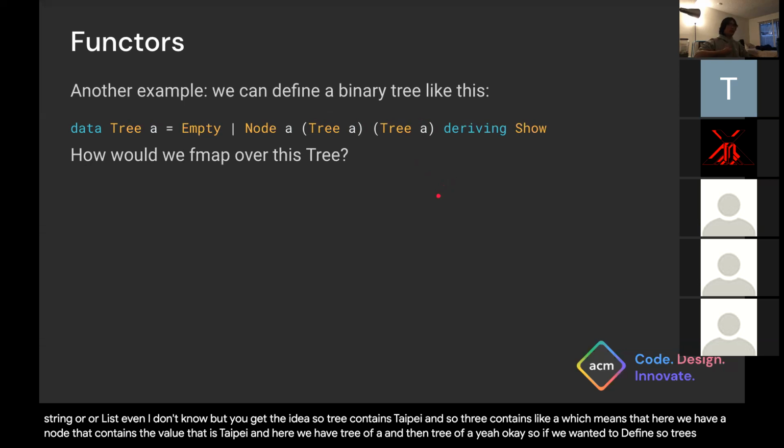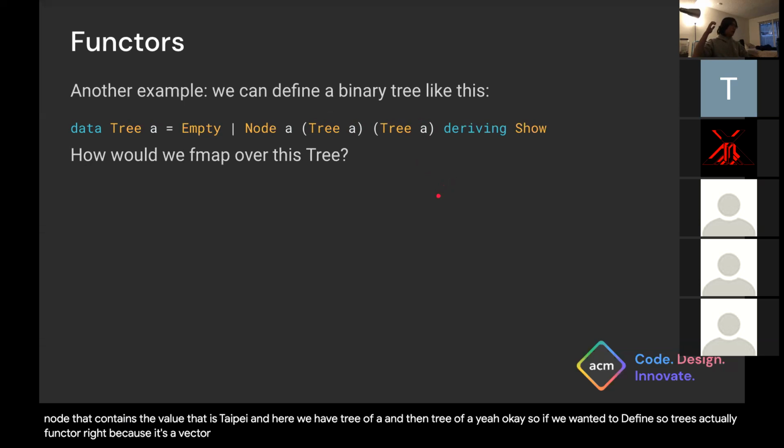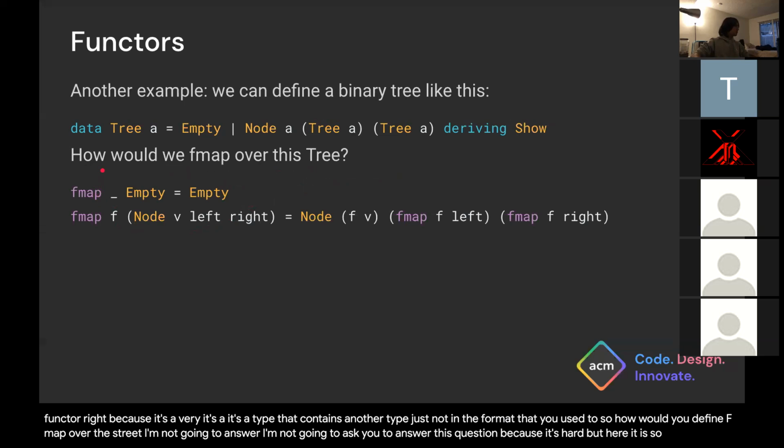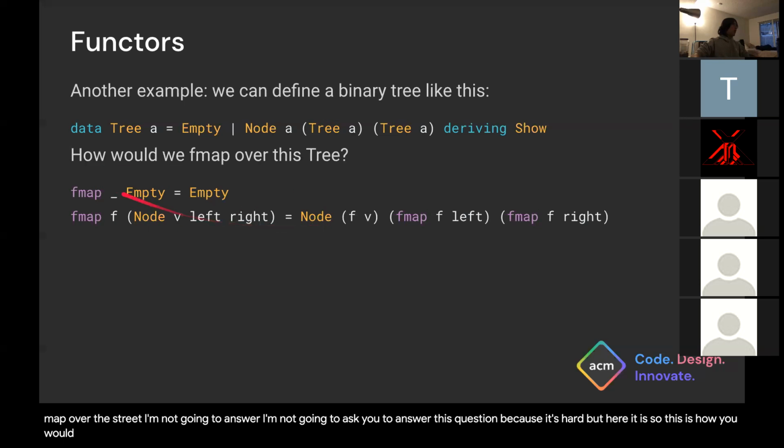So Tree is actually a functor, right? Because it's a type that contains another type, just not in the format that you're used to. So how would you define fmap over this tree? I'm not going to ask you to answer this question because it's hard, but here it is. This is how you would apply a function to all elements inside of a tree.